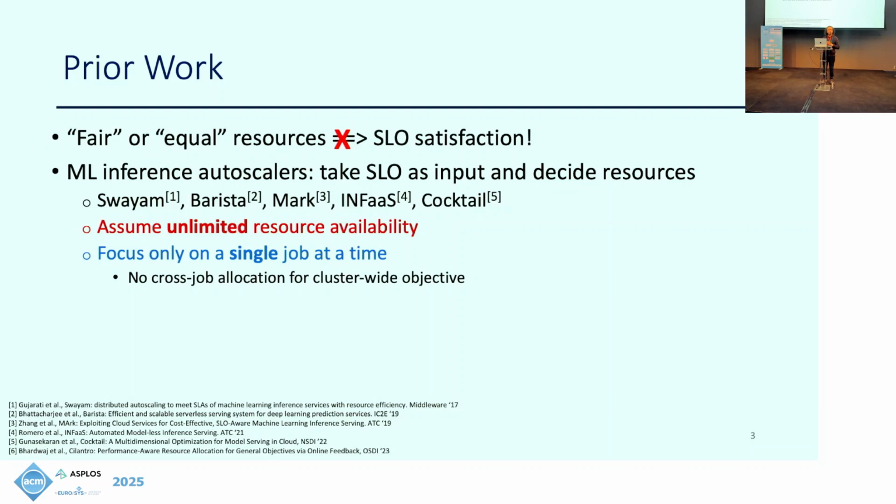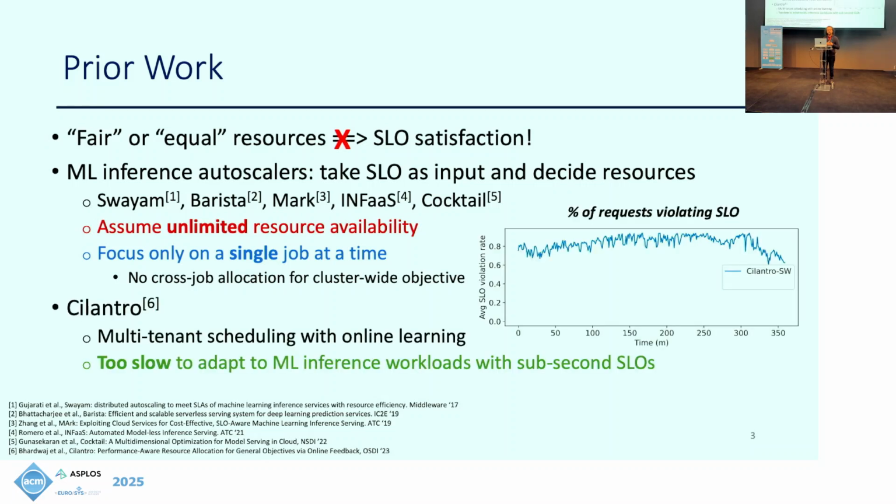Also, many of these techniques focus on only one job at a time, and they miss many cross-job optimization opportunities. A bit more recent work looks at multi-tenant scheduling, applicable to both microservices and inference scaling. This unfortunately uses techniques that are too slow to adapt. Our SLOs are on the order of hundreds of milliseconds, and we cannot take tens of seconds or minutes to adapt.